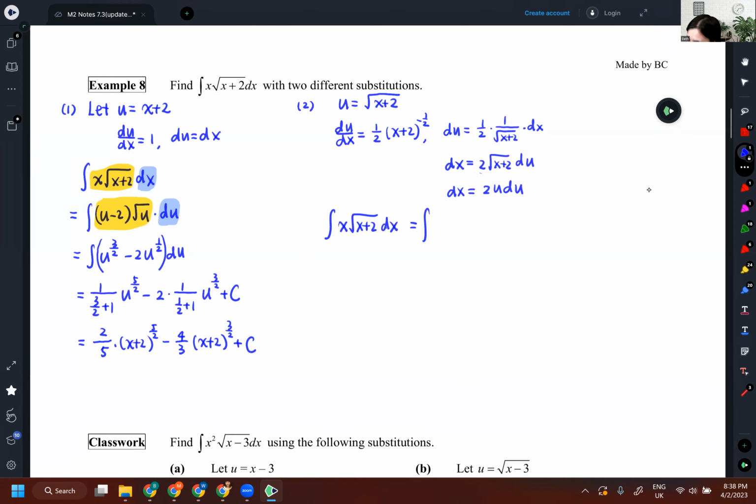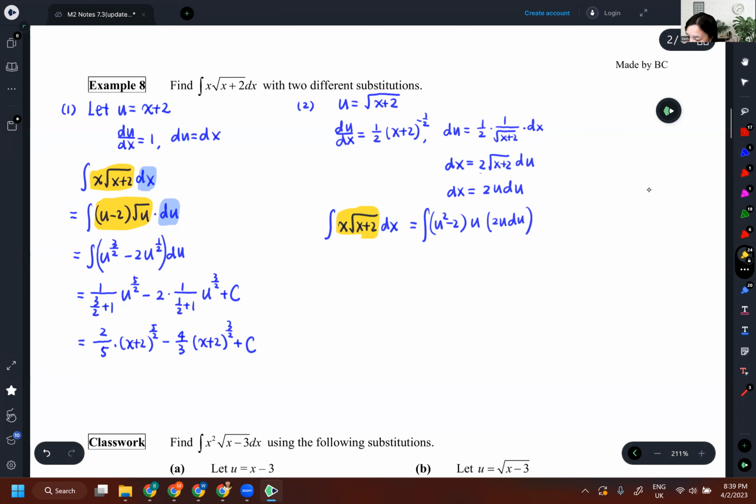Now this one I'll highlight because this part is this. And with dx, it's this. Yes. If I do that, and I have this extra step, let me highlight.